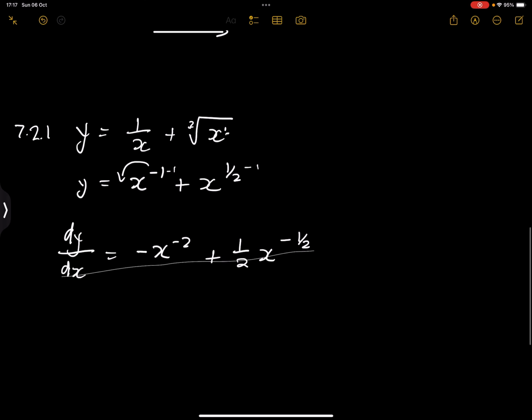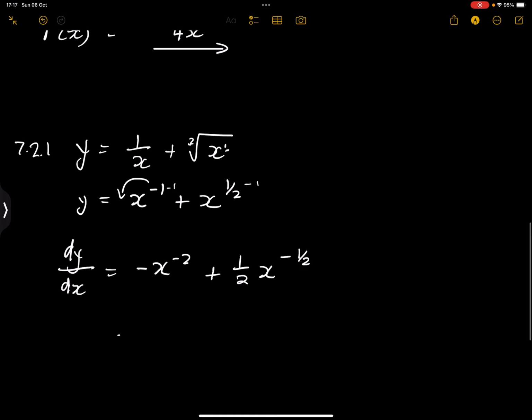Right. We can still simplify that if we want to. Okay. If we want to express it as positive exponents, so this will be minus 1 over x squared, and this is plus 1 over 2 x to the power 1 over 2, or you can say 1 over 2 square root of x. So that is really how the cookie crumbles on this question.